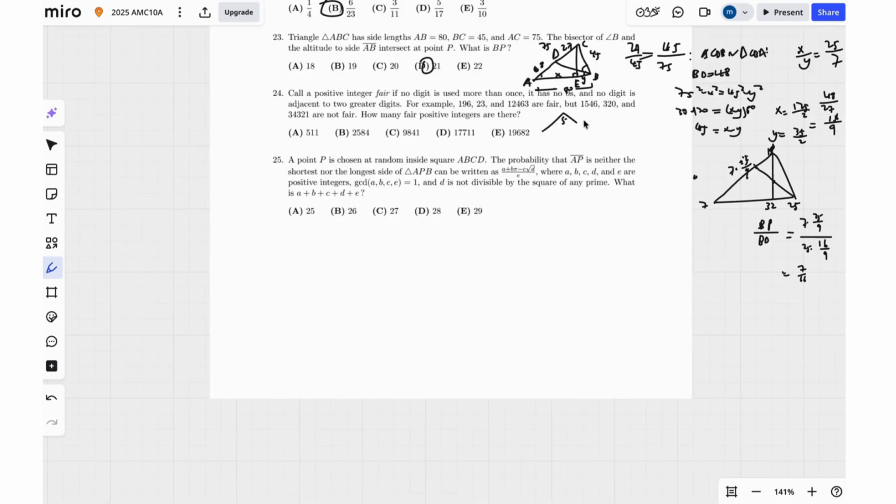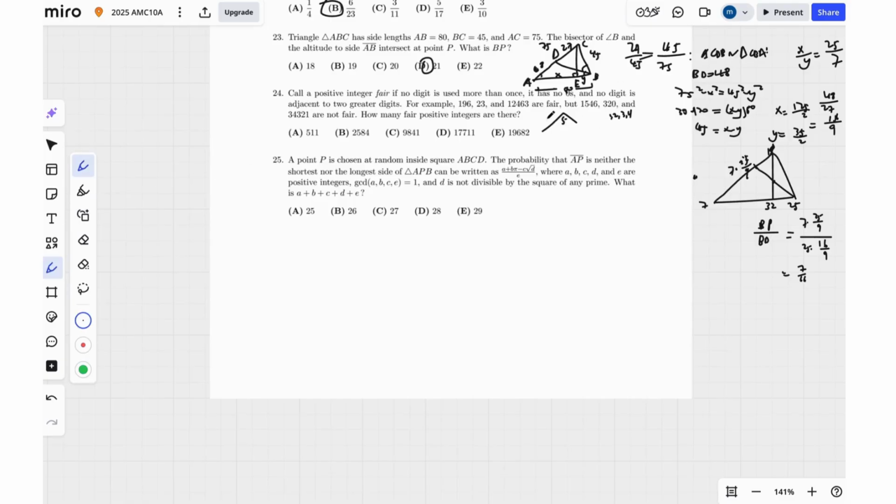Then that means that the digits from 6 to 9 cannot be used. So now we just consider 0, 1, 2, 3, and 4. Sorry, zeros cannot be used. So just 1, 2, 3, 4.